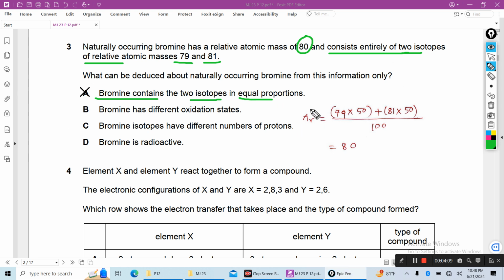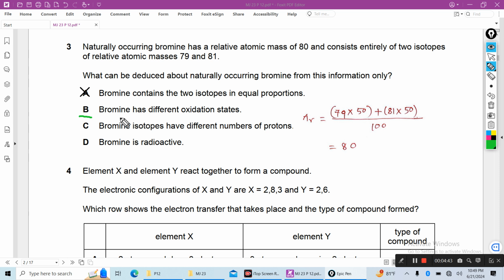If you calculate the relative atomic mass, Ar, you get 79 times 50 plus 81 times 50, which means equal amounts, divided by 100. You get 80. So A is the right answer.